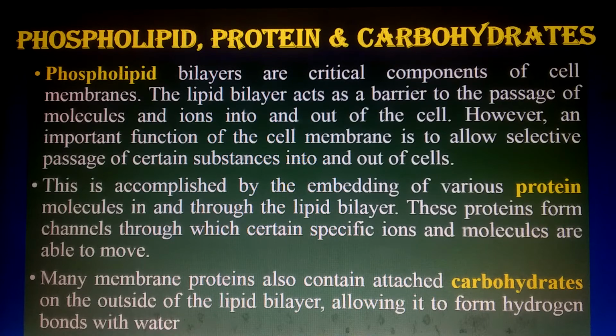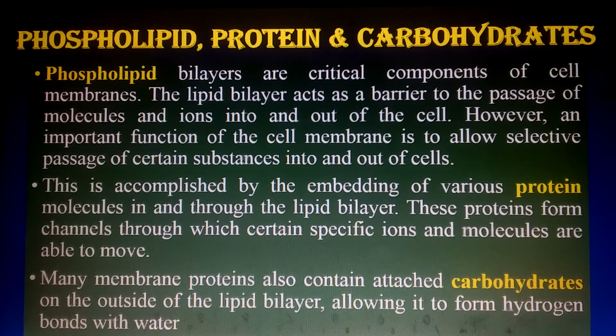There are four types of phospholipids I have discussed, so you must watch my first lecture about the biochemistry of the cell membrane, and this will be clear to you. I am discussing all these things again here. Phospholipids not only provide fluidity to the cell membrane but also play a very important role and act as a selective barrier, allowing selective molecules to pass through the cell membrane.